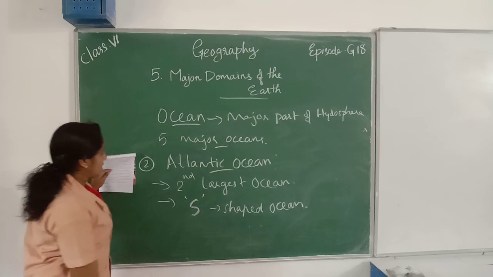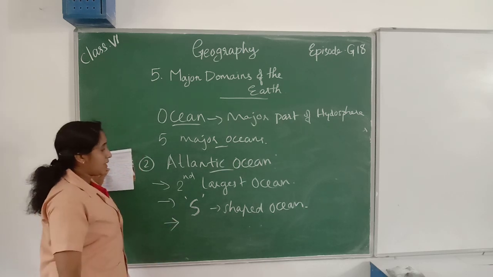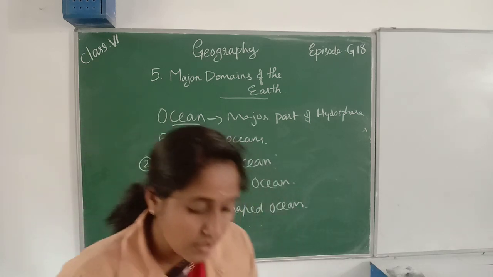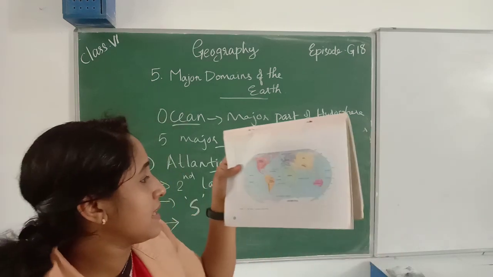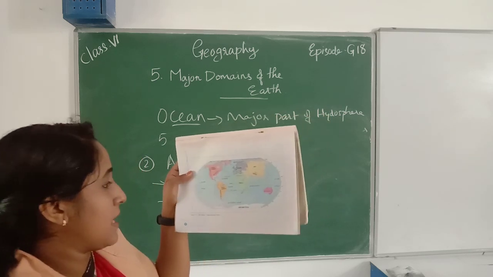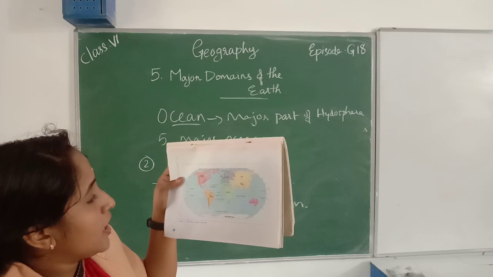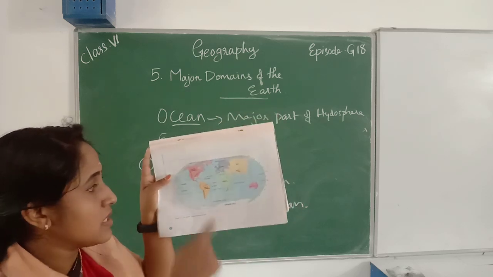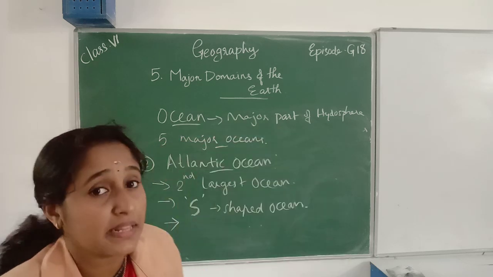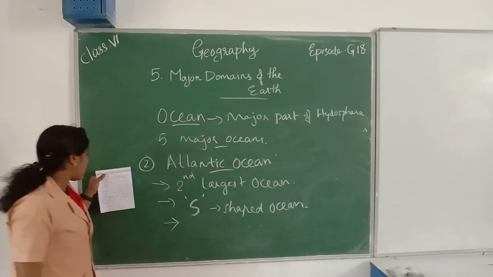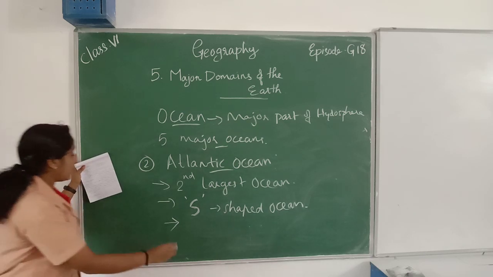And also, which continents are surrounded by the Atlantic Ocean? Look at this map. We can say that Africa, the eastern part of South America, and the southern part of Europe are surrounded by the Atlantic Ocean.